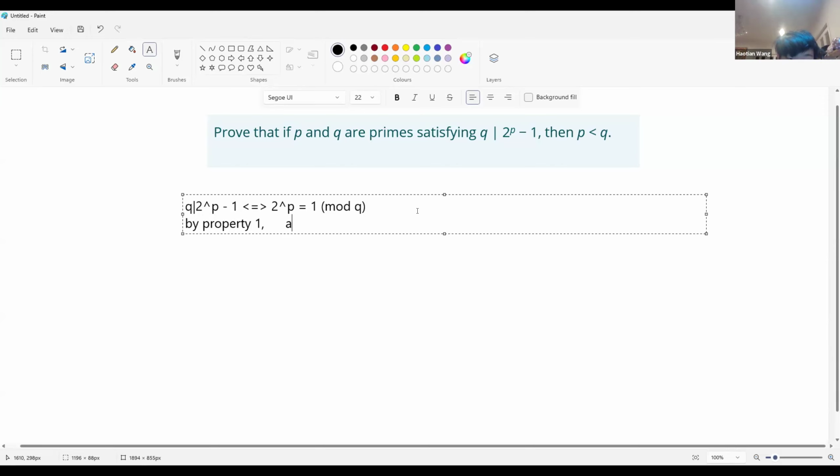Now we know the order of 2 divides p, but p is a prime, so that's very cool actually. That means the order of 2 is equal to 1 or p, because the only two factors of p are these two numbers.